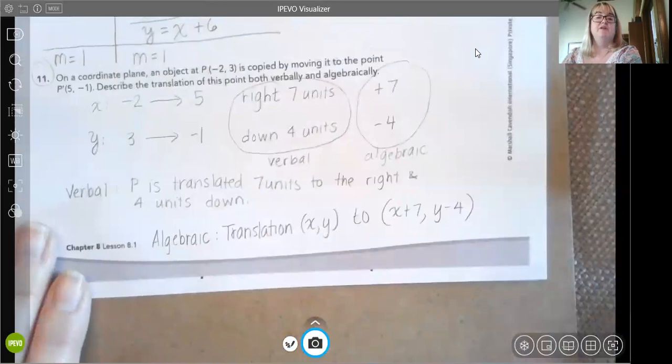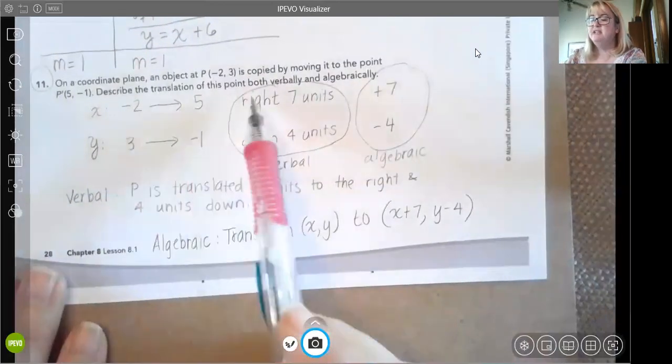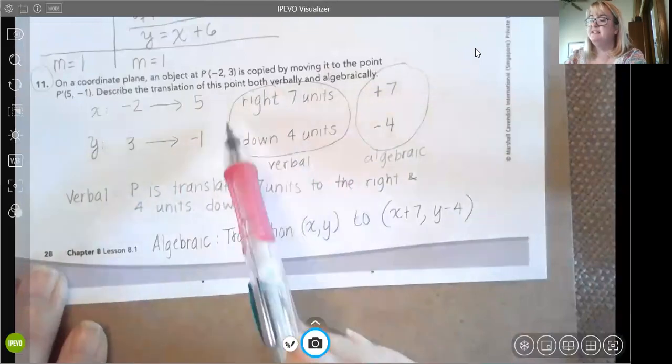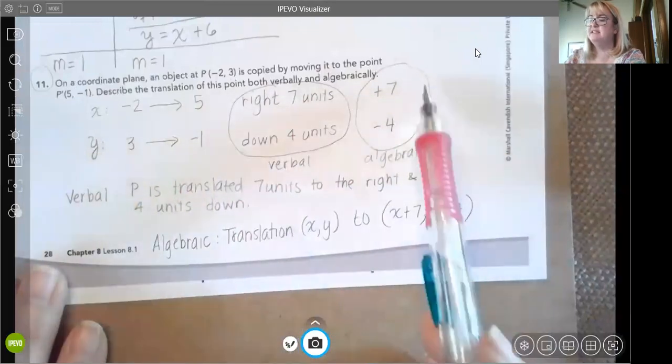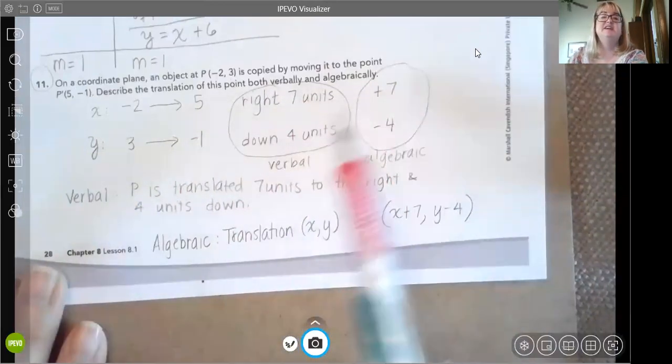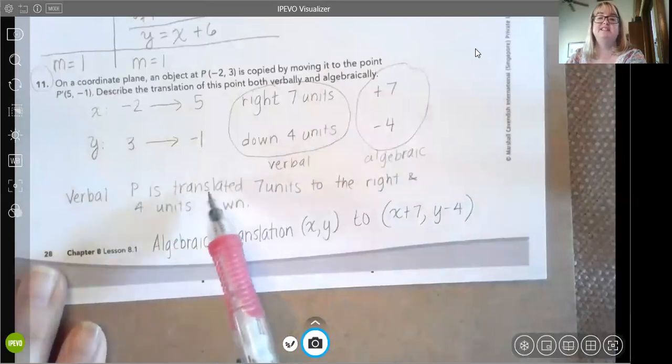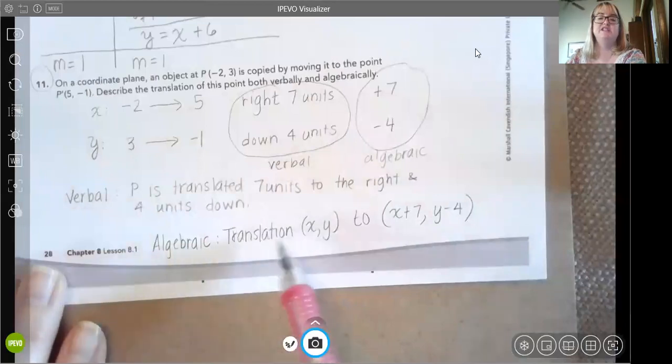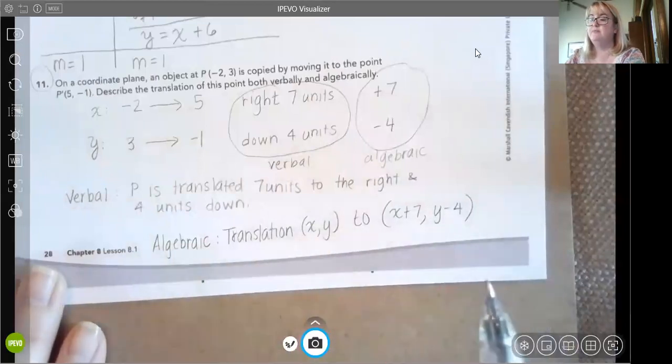So again, we analyze what's happening to the X value, what's happening to the Y value. This is the verbal analysis. This is the algebraic analysis. So verbally, P is translated 7 units to the right and 4 units down. Algebraic, the translation of X, Y to X plus 7, Y minus 4.